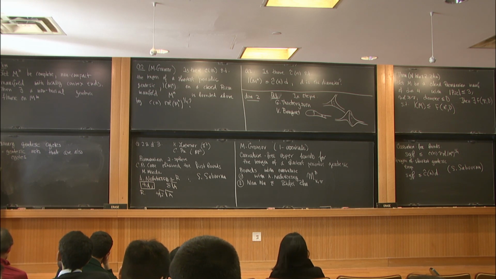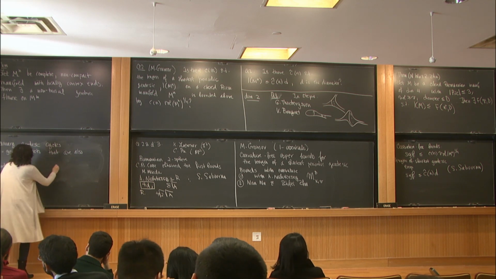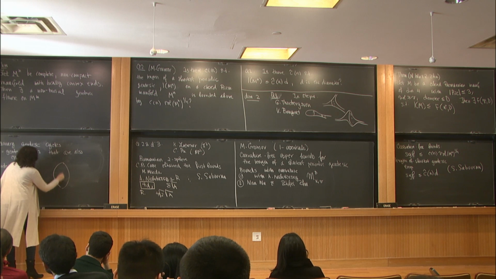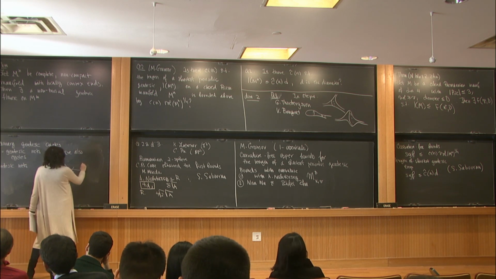Geodesic nets are graphs, multigraphs, where each edge is a geodesic.